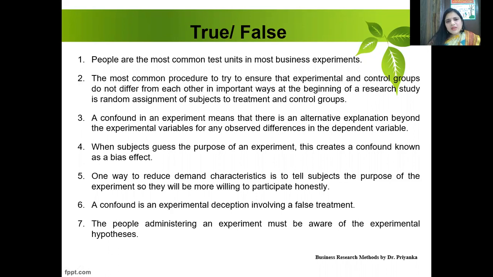See, they must be aware of the experimental hypothesis, but if we talk about demand characteristics, they should not know about it. One way to reduce demand characteristics is to use a blind experimental administrator who does not know the experimental hypothesis. And in most of the studies, we do this these days. So it is false.